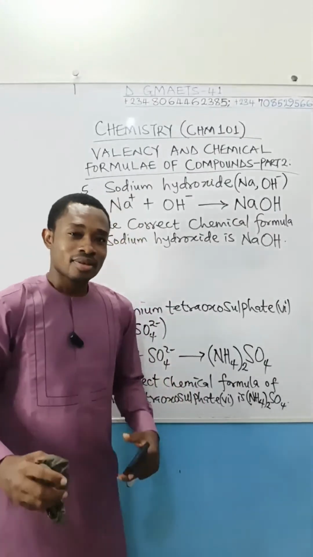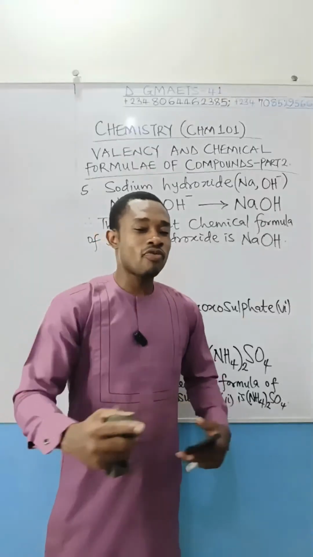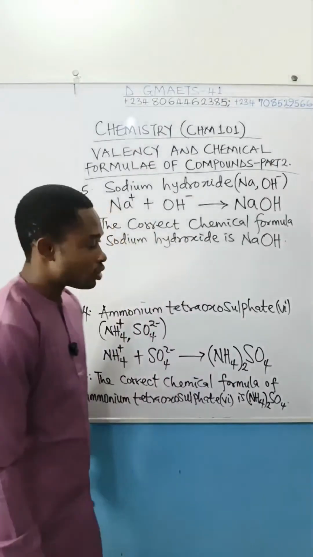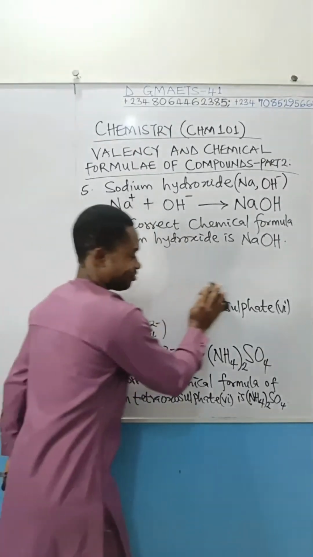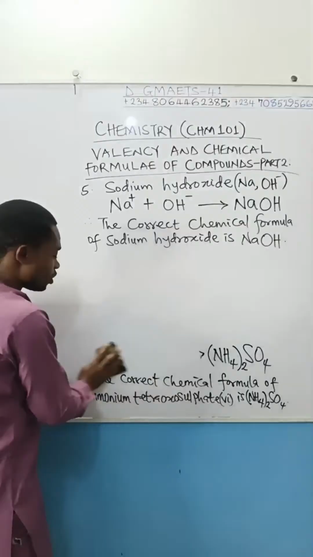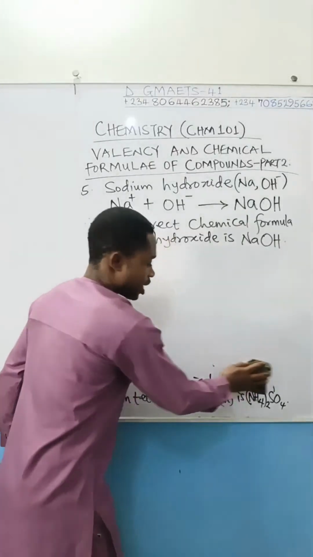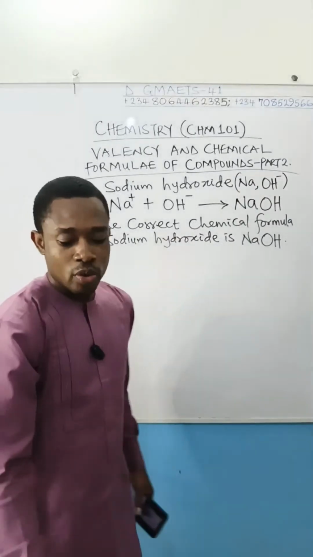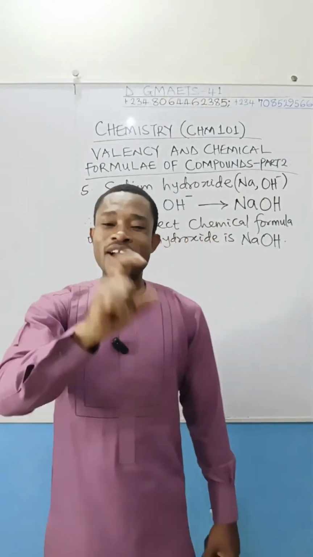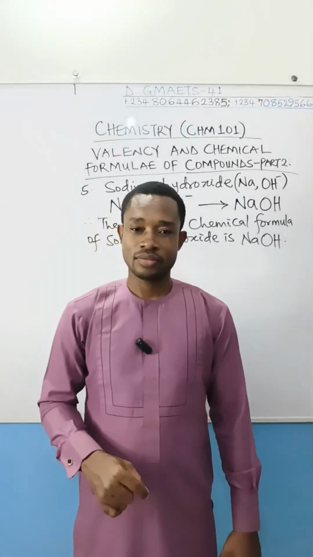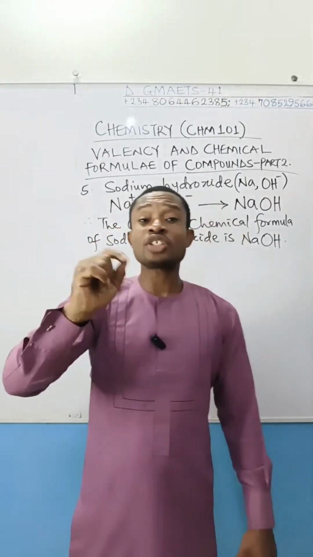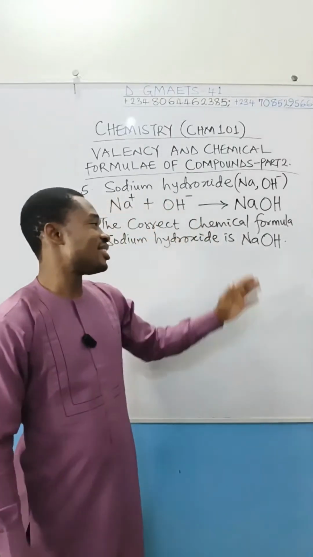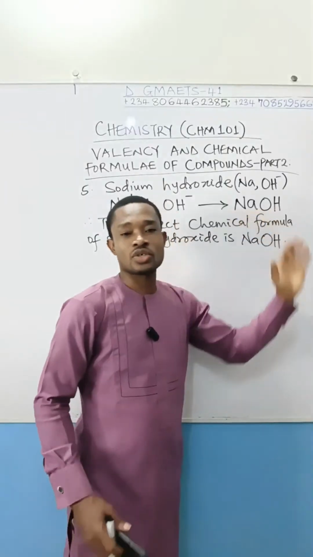Perhaps let us see what the correct chemical formula of calcium hydroxide will be. That guy which is called lime water. If you do not understand and appreciate valency, which is obtained from valence electron, and I tell you to write calcium hydroxide now, some of you may wrongly go and write something related to this sodium hydroxide.